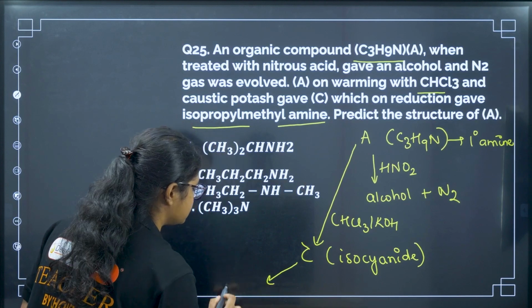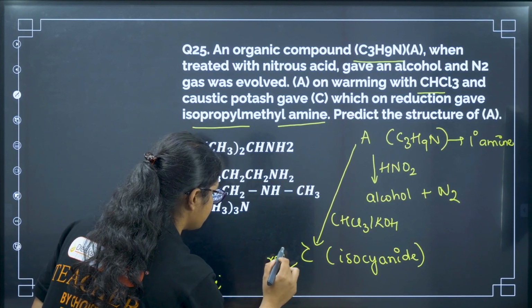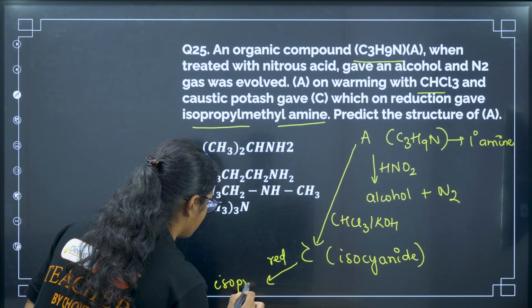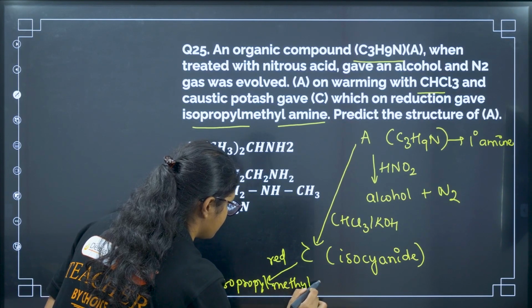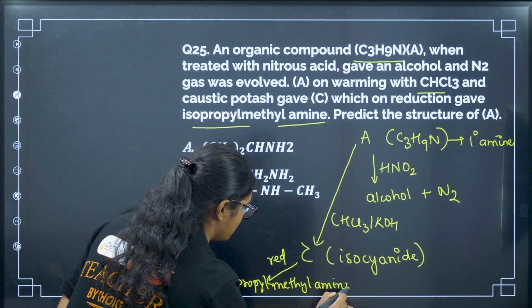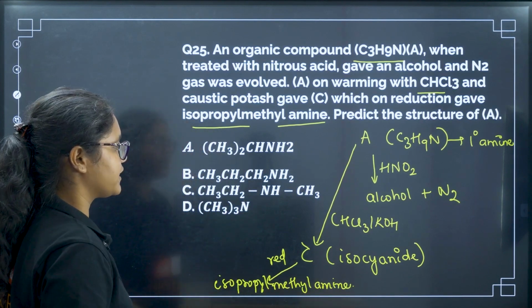So this one on reduction is giving you isopropyl methylamine. Now predict the structure of A.